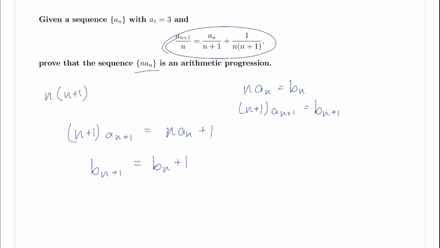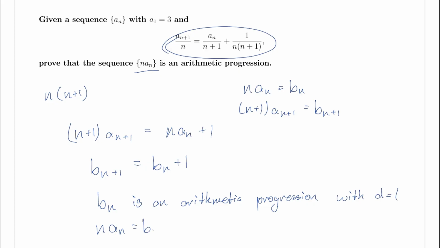So that tells us that b sub n is an arithmetic progression with common difference of 1. And since b sub n is just n times a sub n, then n times a sub n equals b sub n. So it is an arithmetic progression.